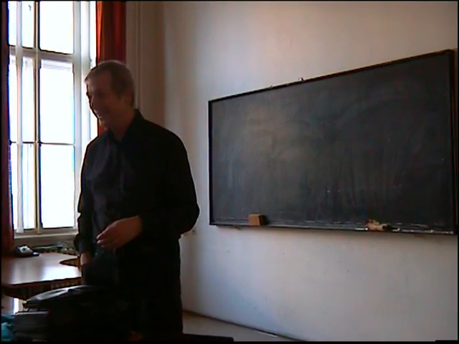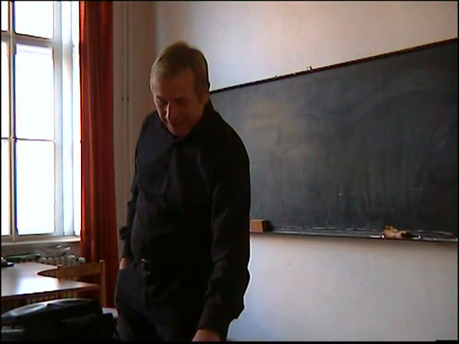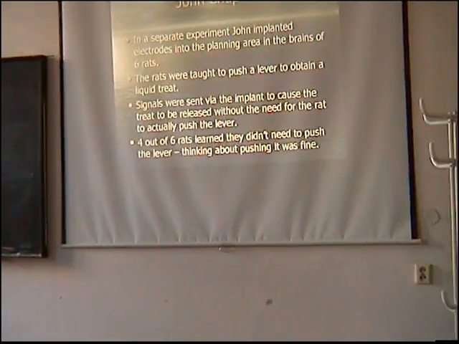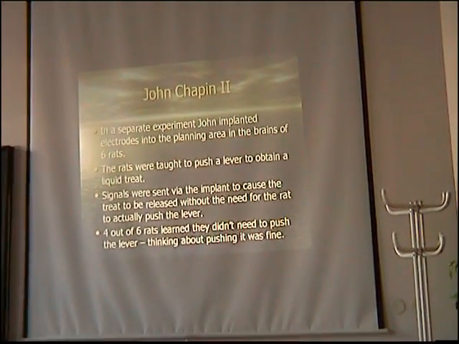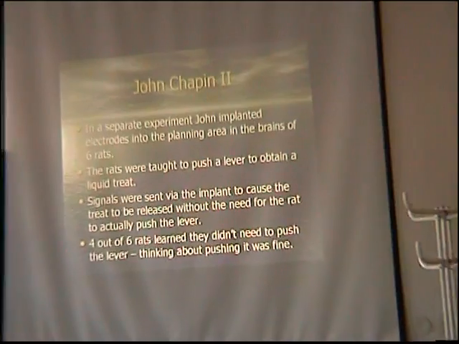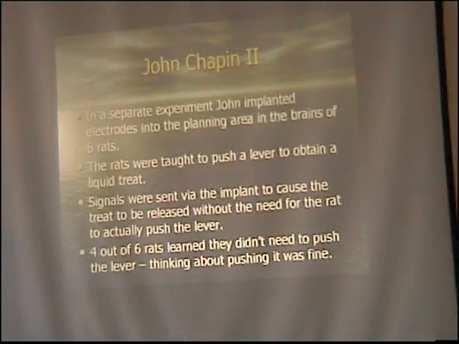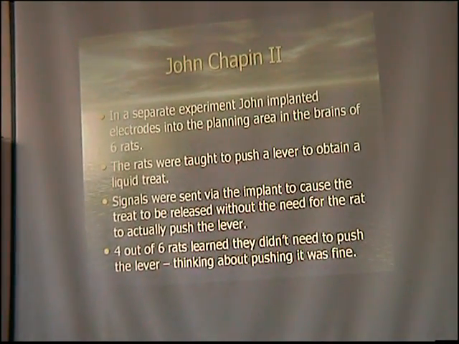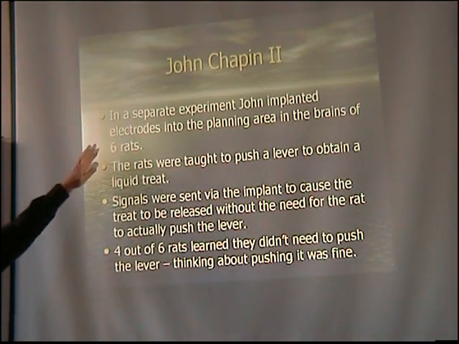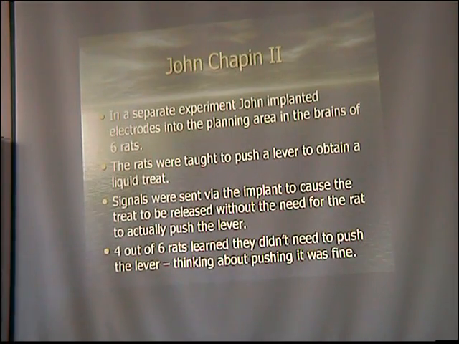Again, relating it to how the human brain works is important. A separate experiment, again using rats, into the planning area. He took a group of 6 rats that learned to pull a lever down to get a little sugary sweet liquid. Every time they pulled the lever, they got this liquid.